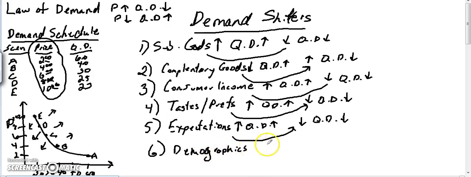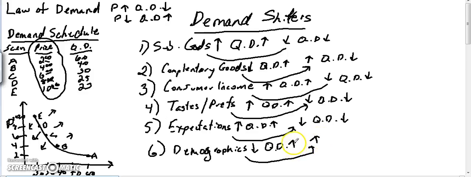And then another one would be demographics. The only thing I can think of off the top of my head for this is the demographics of bubble gum buyers. If the population of dumb blondes is decreasing, then there's going to be less bubble gum demanded on the market.